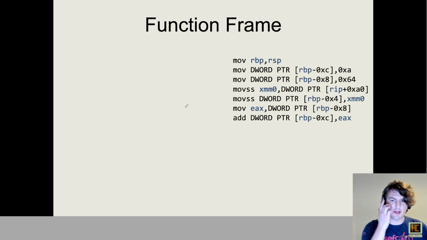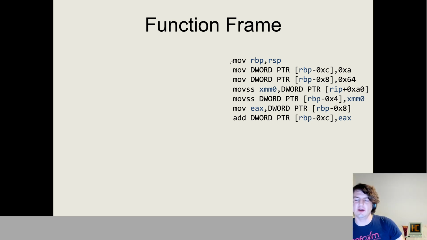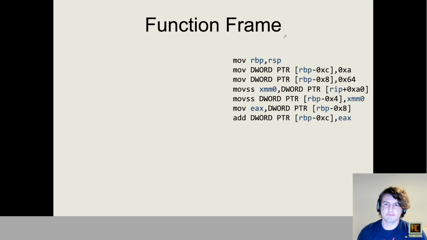Cool. And then we can take a little example of this using actual code from some stuff that I compiled. I think I deleted the code, so it's good because we don't really care about it. We could walk through and see exactly what happens here. So we move the stack pointer to the base pointer. We move hex A into RBP minus C, hex 64 into RBP minus 8.